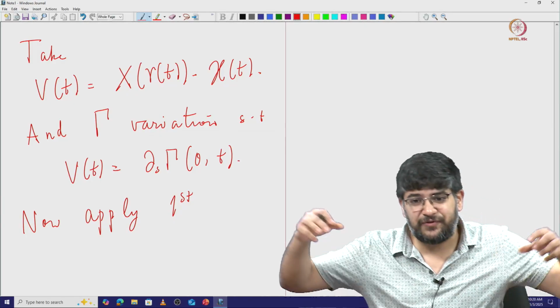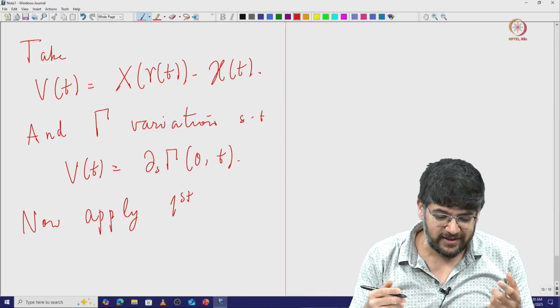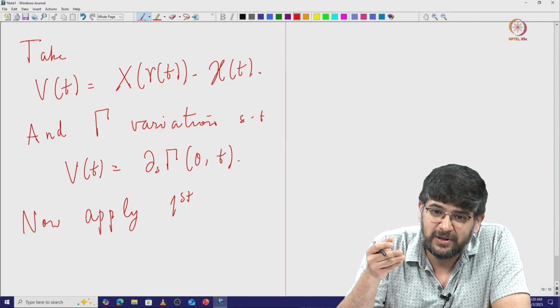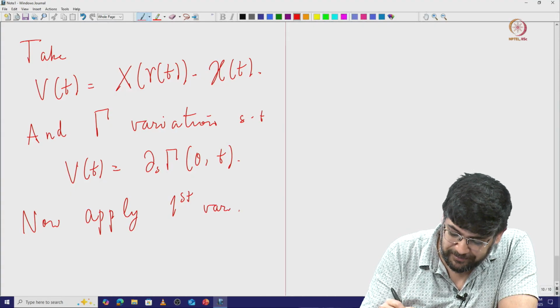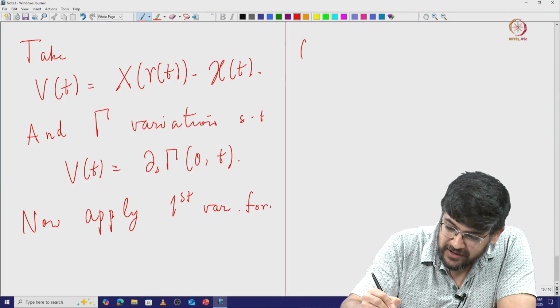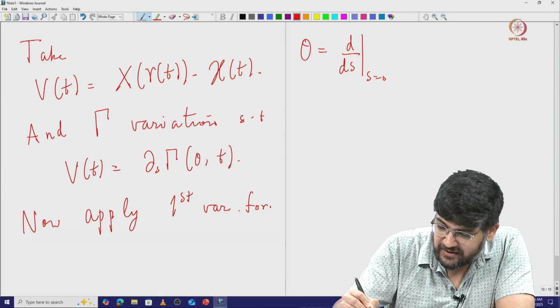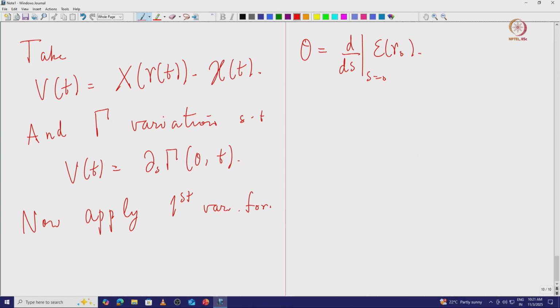Again, because v of t vanishes outside this small interval, by the previous construction, capital gamma will now be a proper variation again. So one can apply the first variation formula. So 0 is d by ds for this new variation, but again by the first variation formula there are 3 terms.